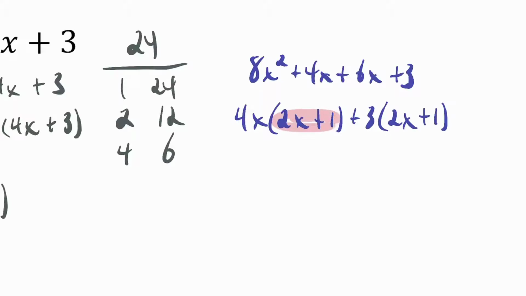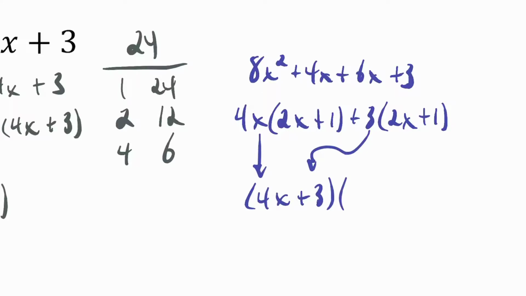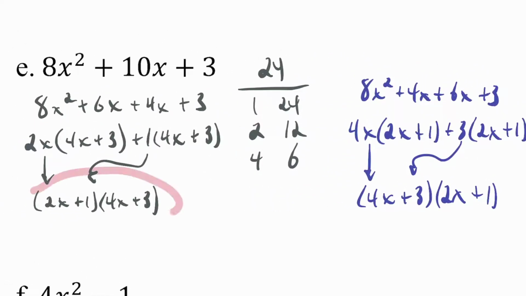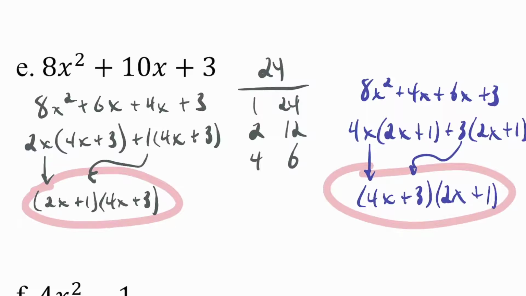And notice that these now match, right? So now I put the 4x and the 3 together. And there we go. We get the same factorization, but the difference is the order of the factors.